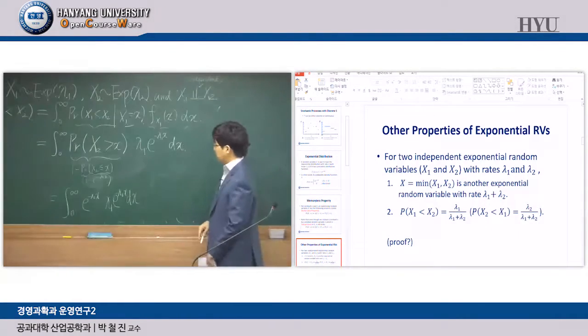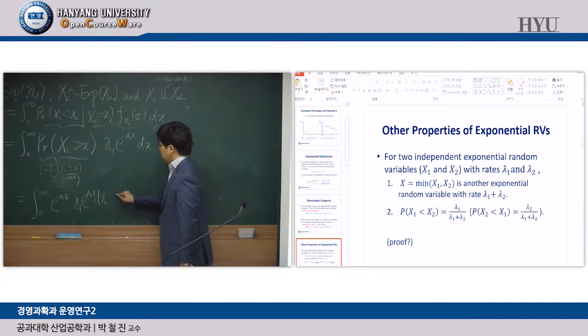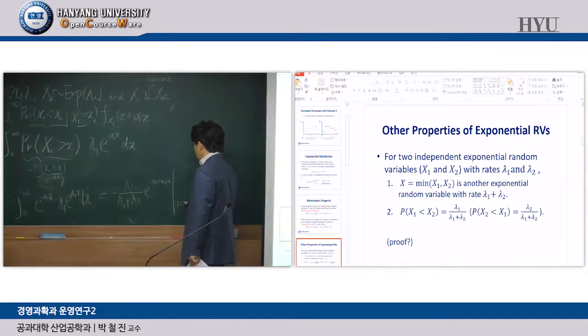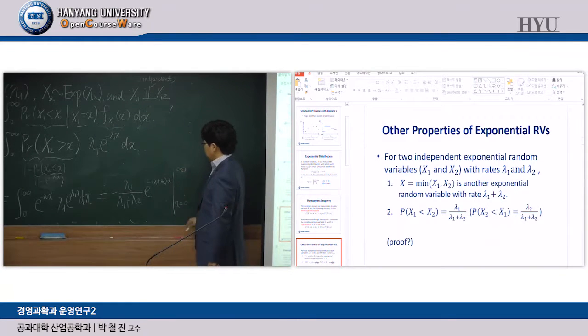Okay. And then when we consider the integral, this one is negative lambda 1 over lambda 1 plus lambda 2 times e to the negative lambda 1 plus lambda 2 times x, from x is 0 to infinity.